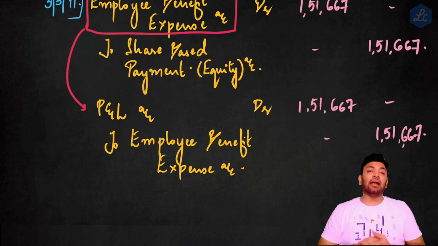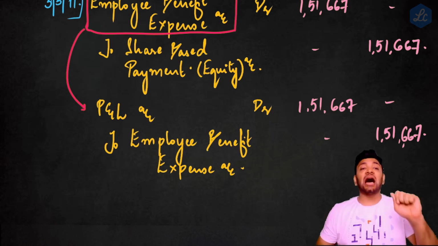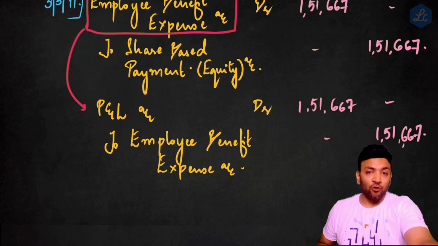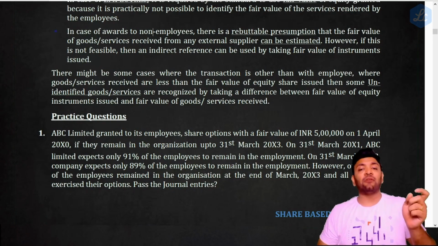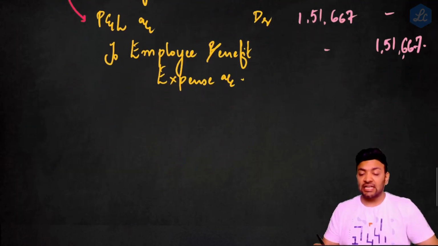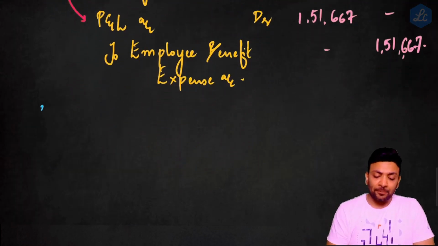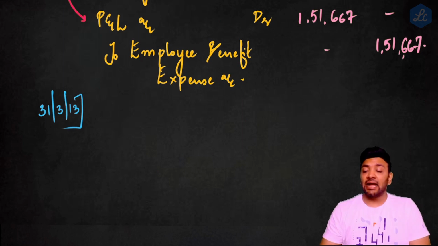Now it is the same entry getting repeated. But towards the end of the year, these stock options are getting vested. Therefore, they were exercised. Look at the last point. All of them have exercised the option. Since all of the employees have exercised the option, after repeating the entry for 3 years, on 31st March 2013, I'll have to pass the exercise entry.